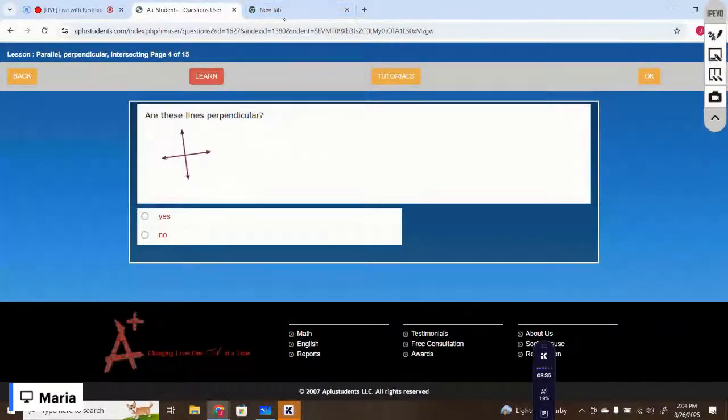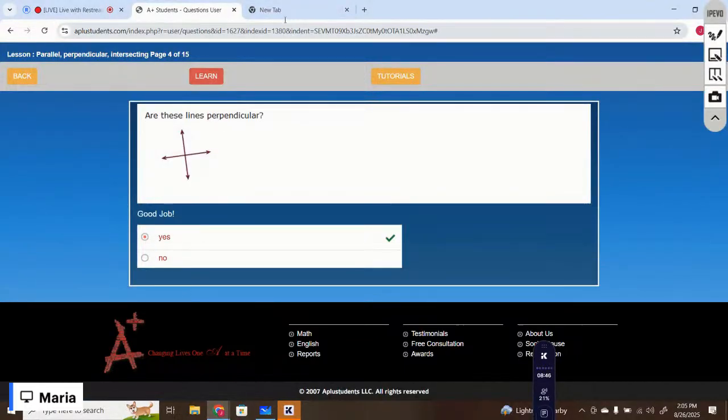Are these lines perpendicular? Yes, they are. Perpendicular lines are the ones that, when they intersect, make an angle of 90 degrees. So yes, they are the perpendicular lines.